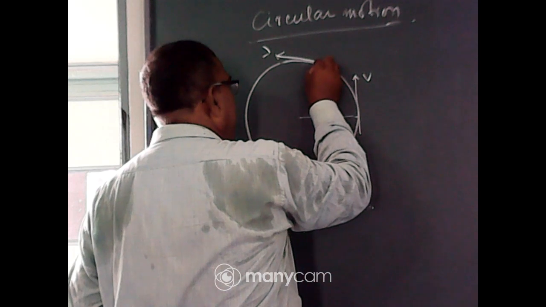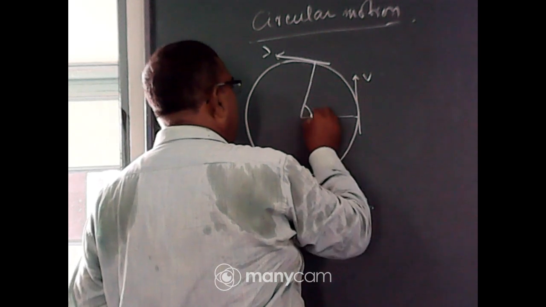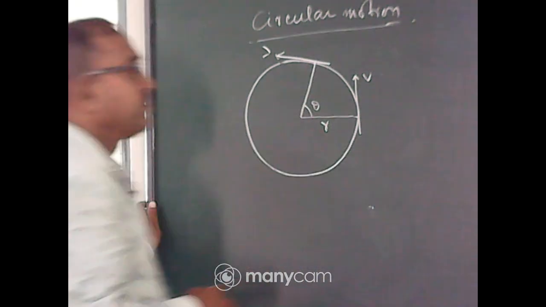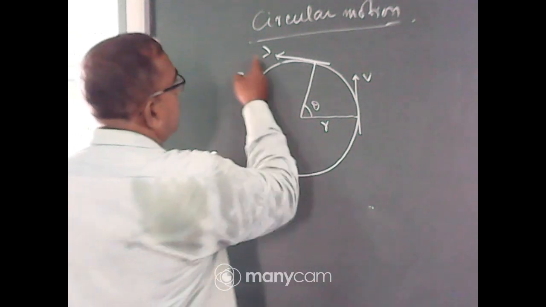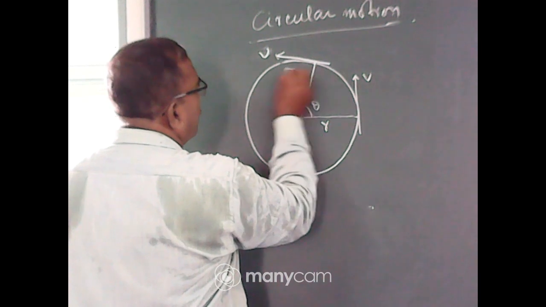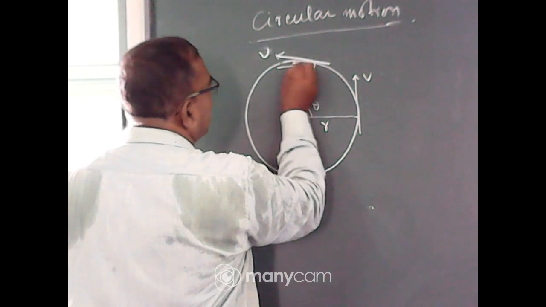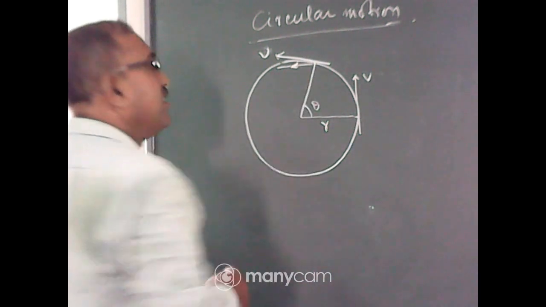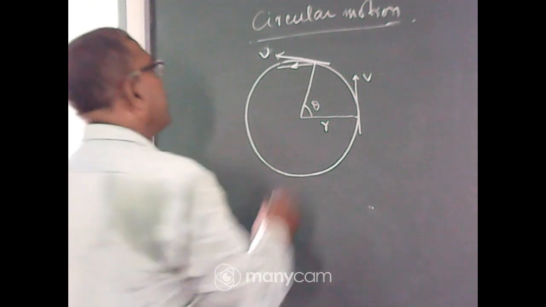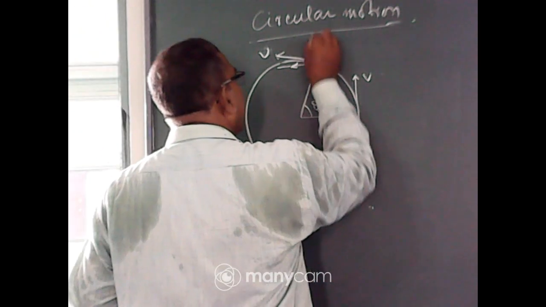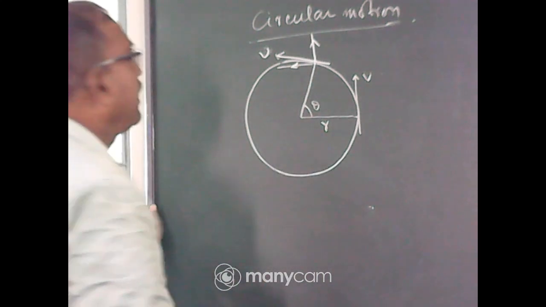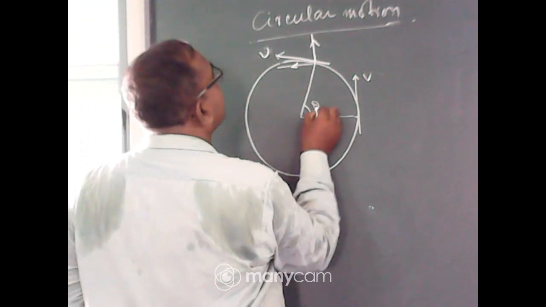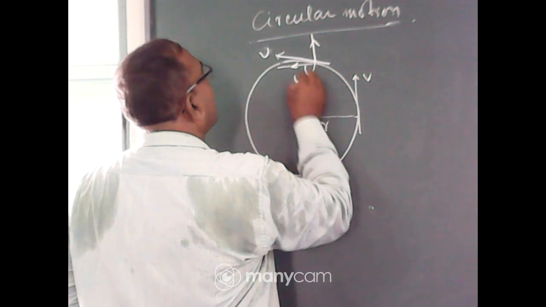Consider a very small angular displacement theta. You divide this v into two components, one parallel to the radius, another perpendicular to it. If this angle is equal to theta, that angle must be theta.